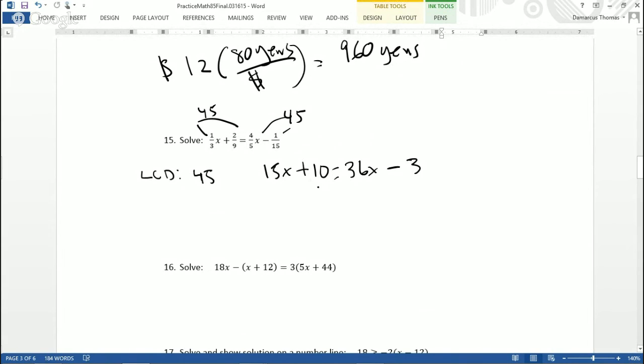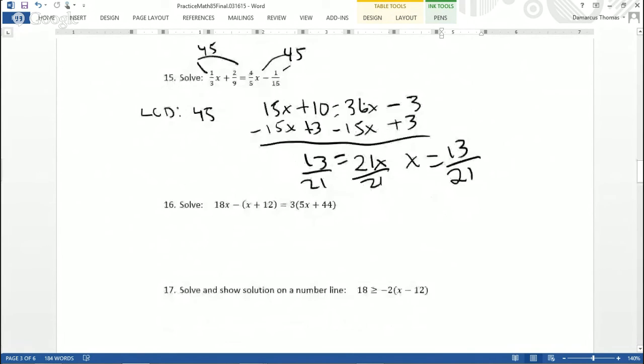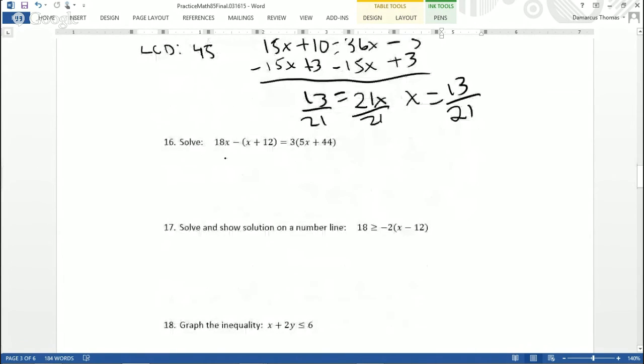And so when we collect our signs, subtract 15x on both sides, add 3 to both sides, we're going to be left with 13 is equal to 21x. When we divide, we're just left with 13 over 26.